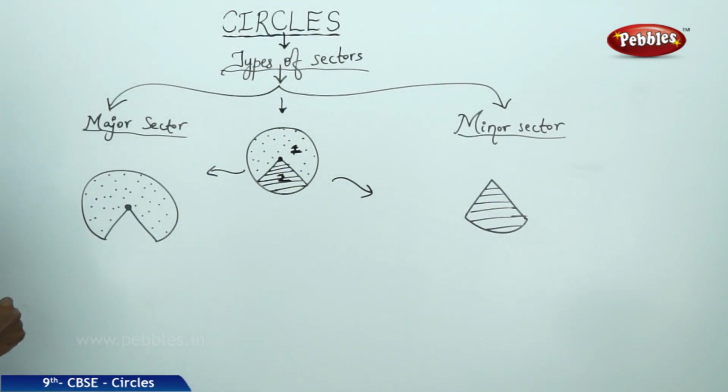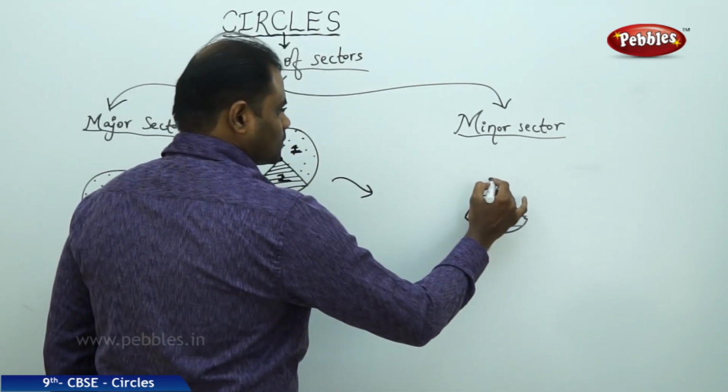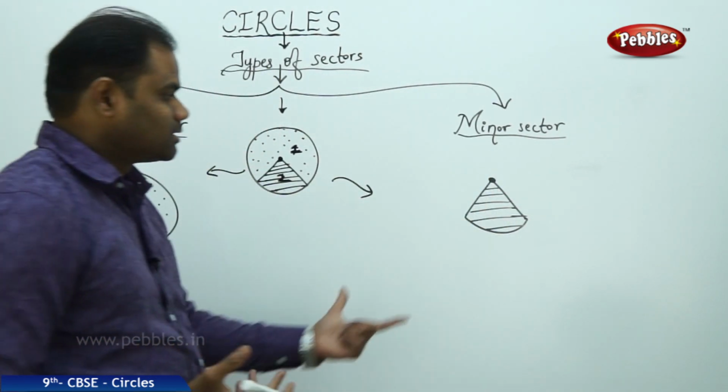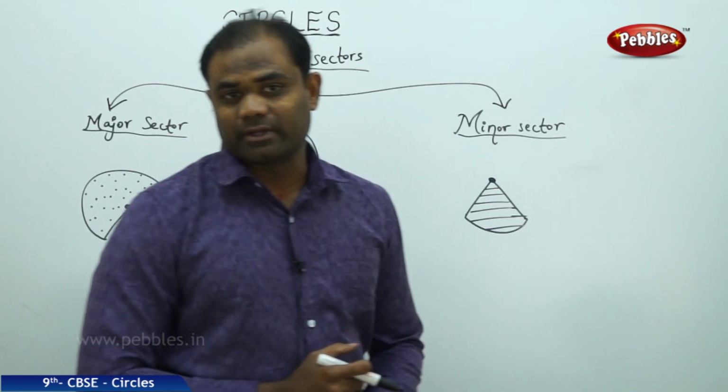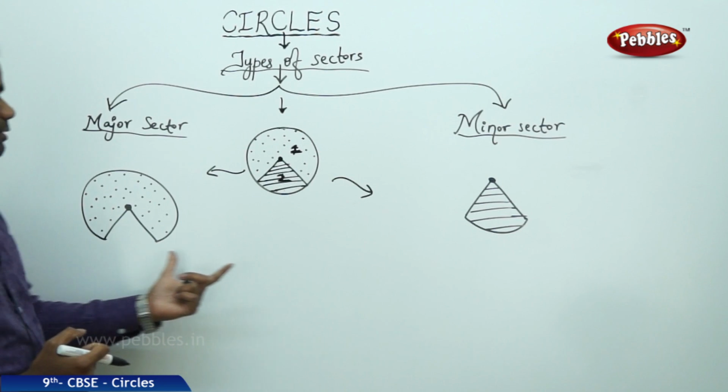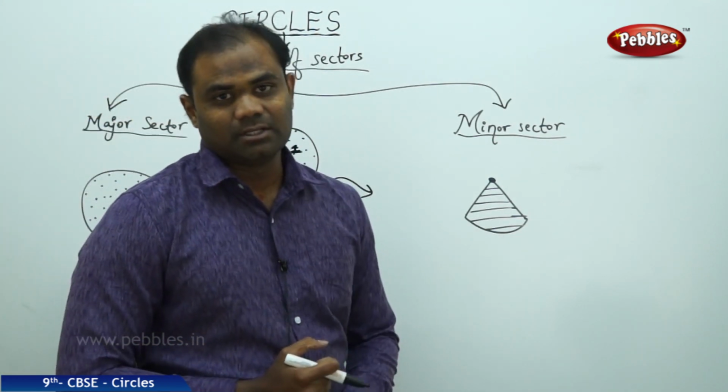Obviously this slice of the pizza is bigger in size and this slice of the pizza is smaller in size. Therefore, we call this a major sector and this a minor sector.